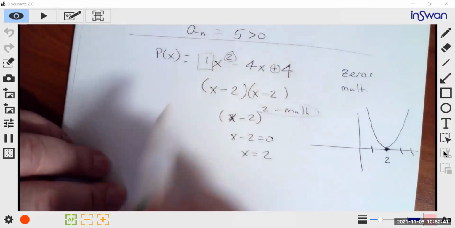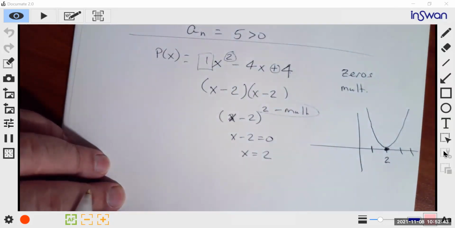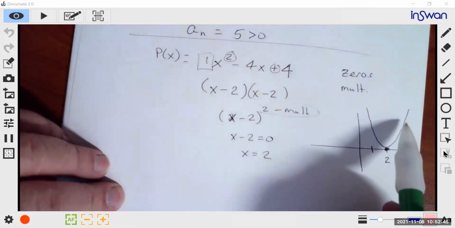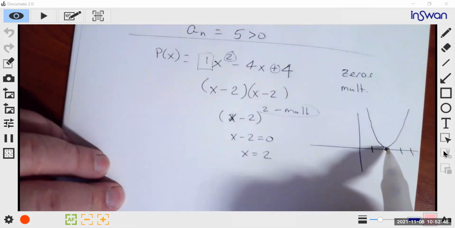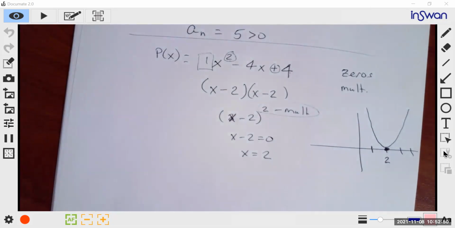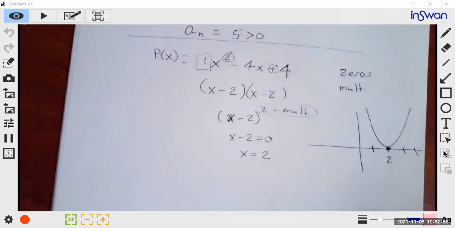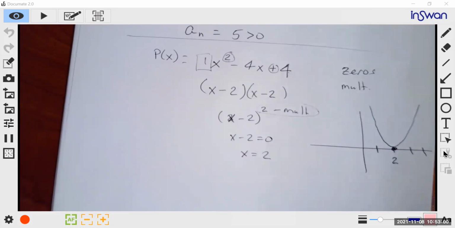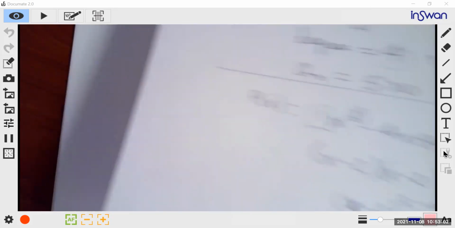Our coefficient's positive. And since it's quadratic, both ends have to point in the same direction. So all it does is touch that one. It bounces off of it. That's the purpose of multiplicities. All right.